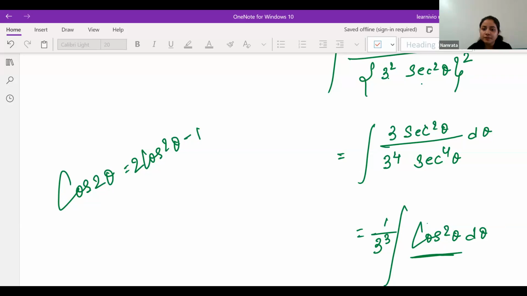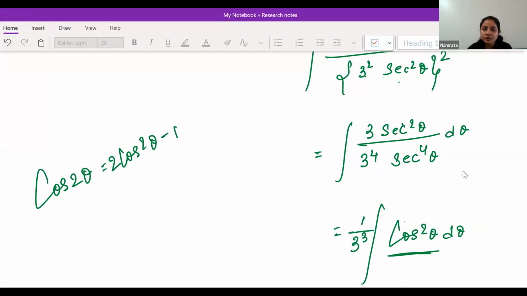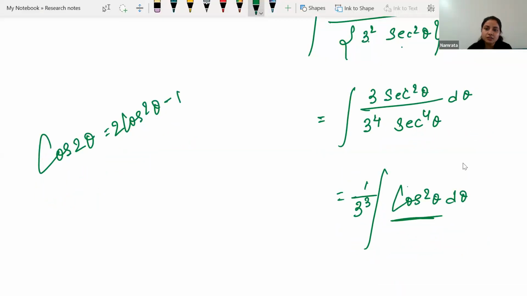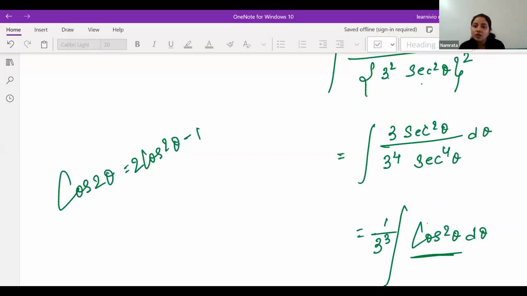Cos 2 theta is equal to 2 cos theta minus 1. Rest of the students, is it so? Cos 2 theta is equal to 2 cos square theta minus 1. Yeah, this is what we are having. Two more formulas are there. One is 1 minus 2 sin square theta, and one is cos square theta minus sin square theta. So these three formulas we are having for cos 2 theta, right?